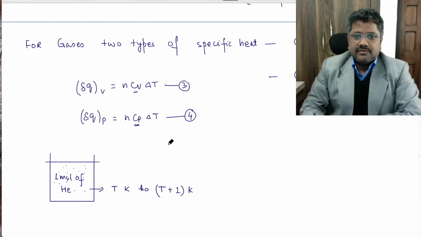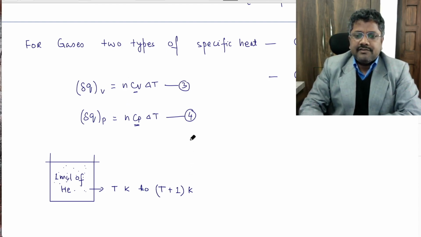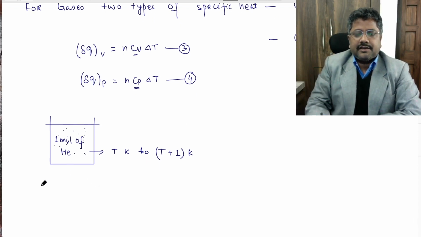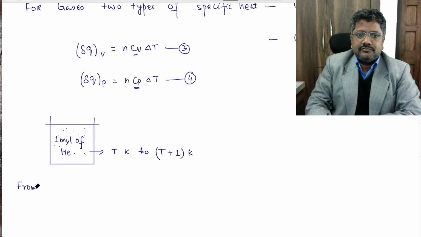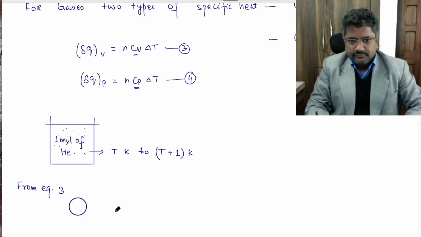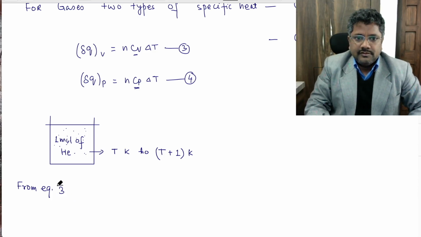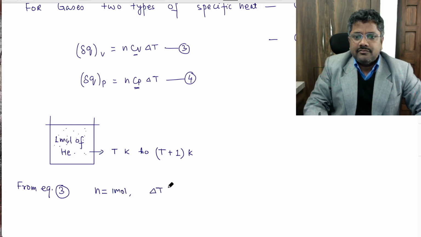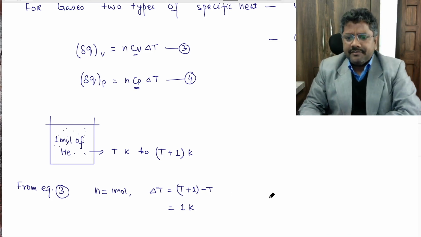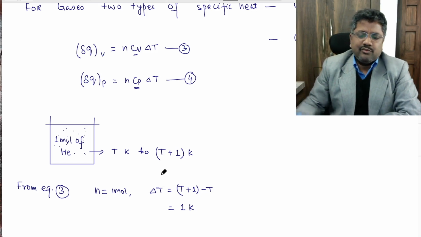So from equation 3, we can write that N is equal to 1 mole and delta T is equal to T plus 1 minus T. So this is equal to 1 Kelvin, or 1 degree, because the difference is same at both the scales, so no problem.